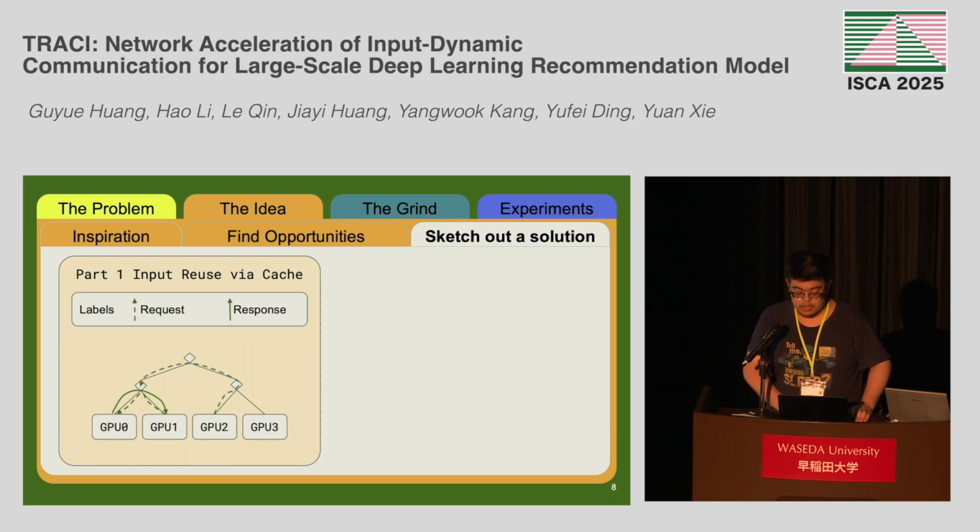If we store the data in leaf switch 1, then the next time GPU 2 sends a request to GPU 0, it just goes through leaf switch 1 and gets the data. There's a cache hit, so it could directly send data back. This is the basic idea of exploiting input reuse.